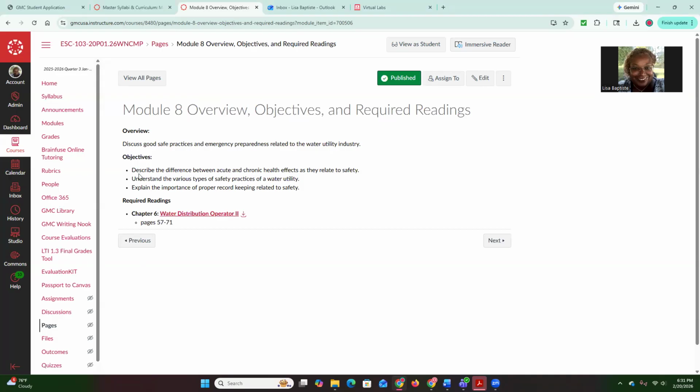Our objectives are to describe the difference between acute and chronic health effects as they relate to safety, understand the various types of safety practices of a water utility, and explain the importance of proper record keeping related to safety. And then the required reading for this particular module is Chapter 6 in the Water Distribution Operator 2, pages 57 through 71.